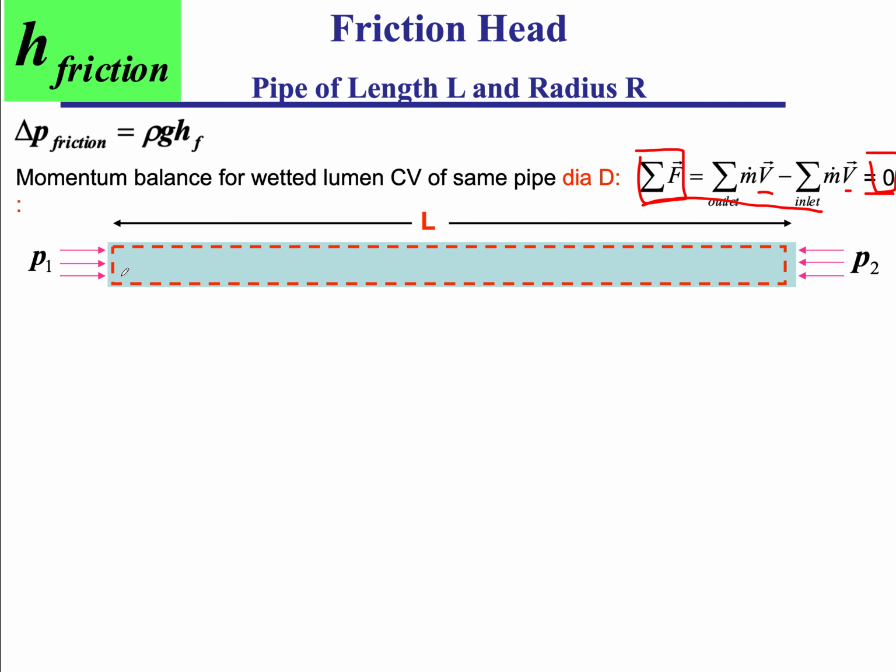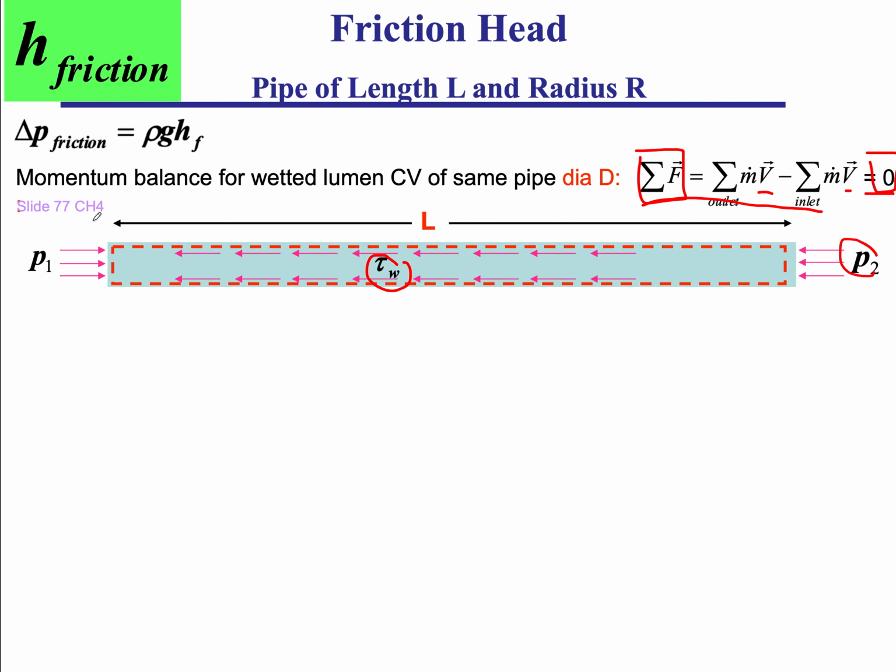I have the pressure and area here, so P1 A, and I have P2 times A, and so the pressure P1 is higher than P2, so it's pushing the flow forward, and opposing that will be the friction force, the wall shear stress. That's the friction between the liquid and the pipe wall.